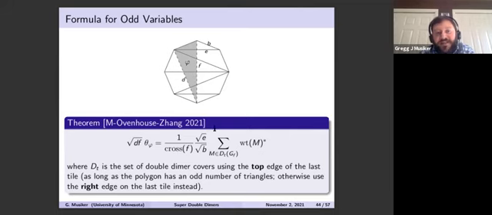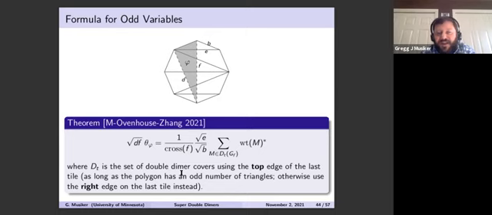But on the right-hand side, E and B are in the original triangulation, and you're summing over a subset of the double dimer covers. Every other weight on the right-hand side involves the original triangulation. But instead of using all double dimer covers, it's only those that use the top edge of the last tile, but you can use it once or twice.